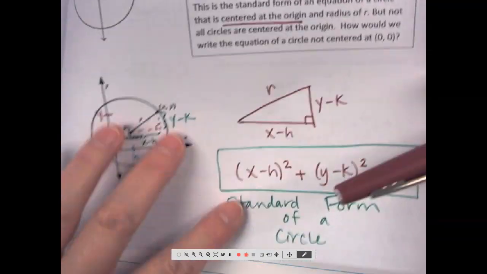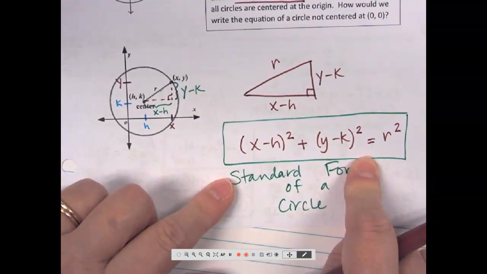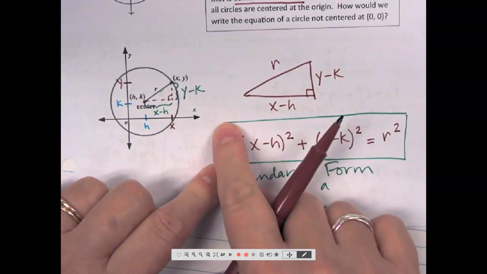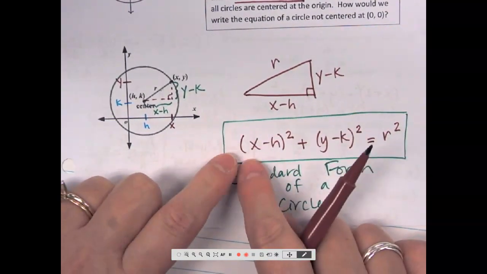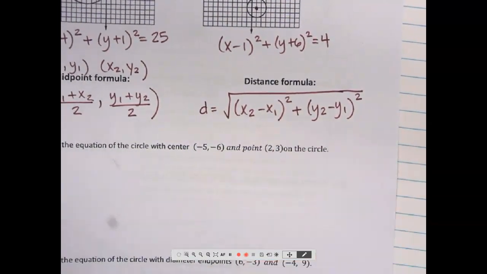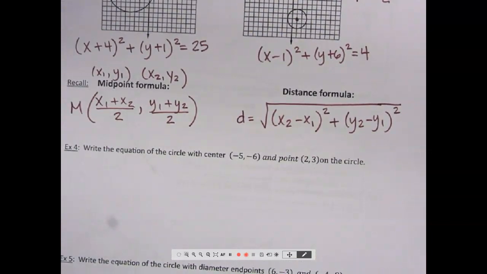And if you're not sure what I mean by that, look back at this equation right here. If I said solve that for r, you would square root both sides. So we just have a square root over this for r. That is basically this. Okay, so it's just a form of Pythagorean theorem there.